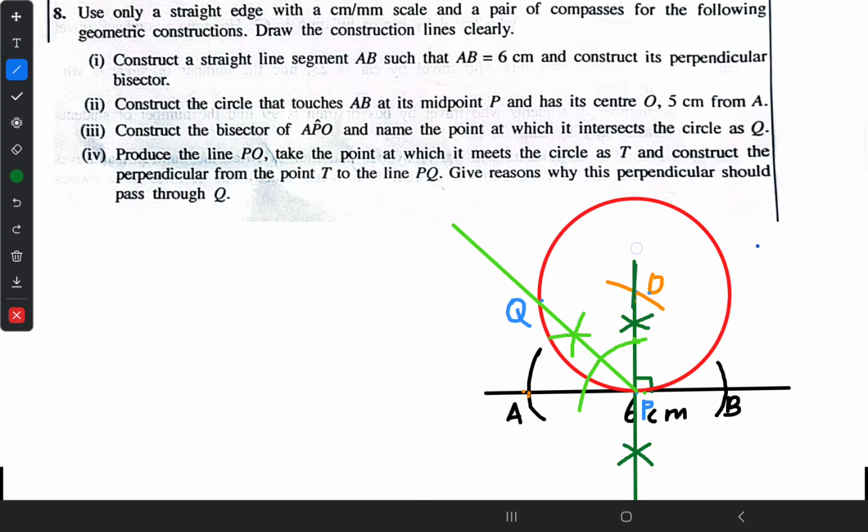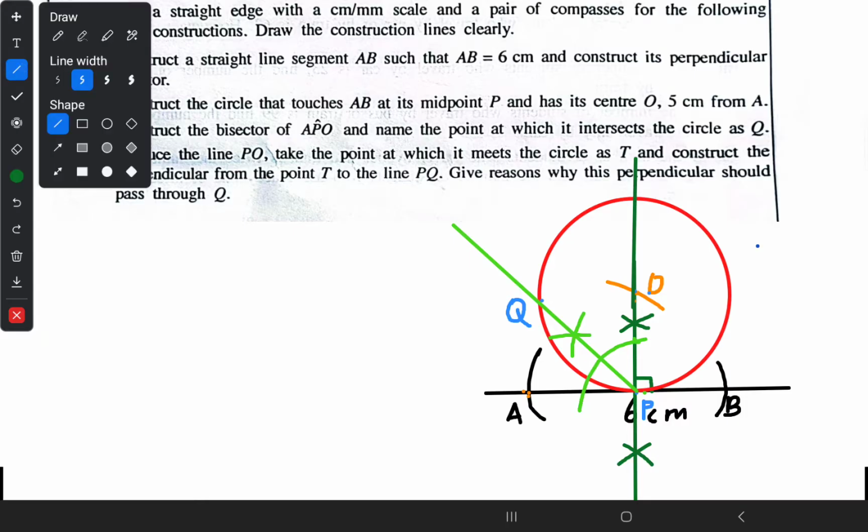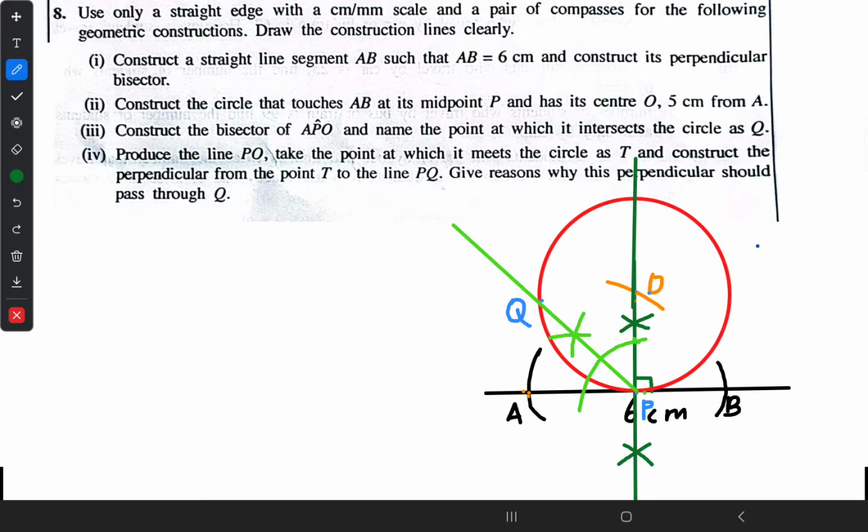Okay, I'll do that properly. Here I am going to extend this line until it reaches the opposite end of the circle, and I have to denote it as T. Thereafter, from T, draw the perpendicular to the line PQ.